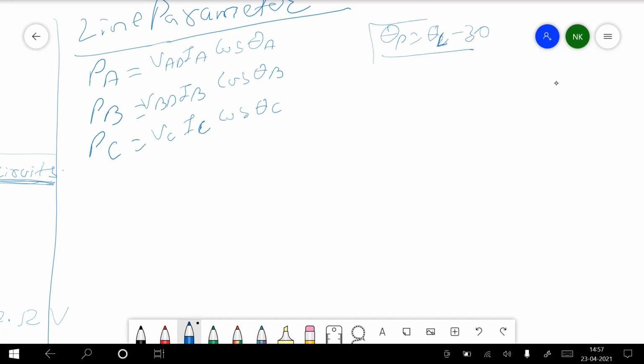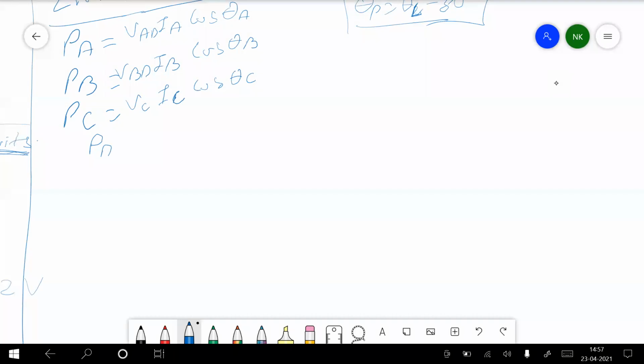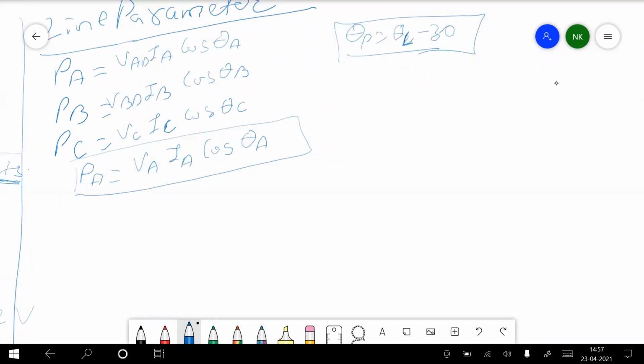Again, this will come into the picture whenever we convert from phase to line. So your PA would equal VA IA cos phi.